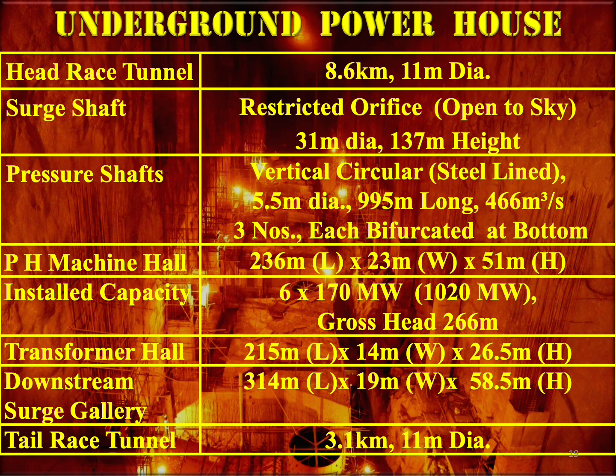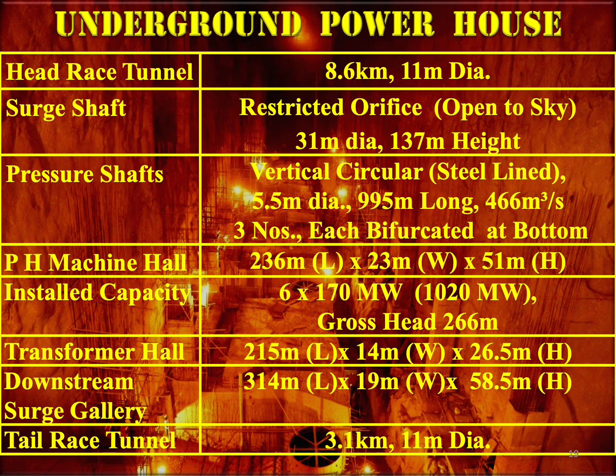The transformer hall is 215 meter long, 14 meter wide and 26.5 meter height. There is a Downstream Surge Gallery, which is 314 meter long, 19 meter wide and 58.5 meter height.